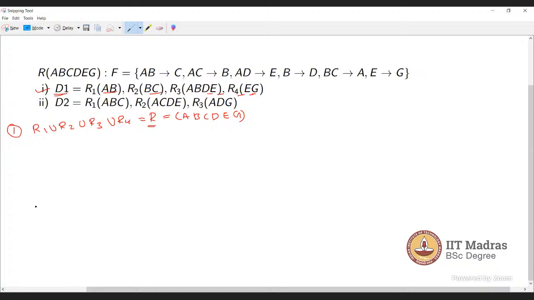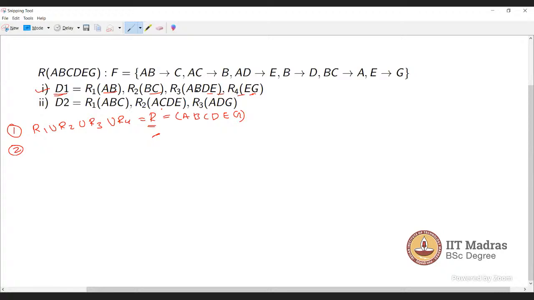Then next, what we have to do? Yes, anyone tell me what we have to do? We have to find common attributes, sir. Yeah. So which decomposed relation can we take here?